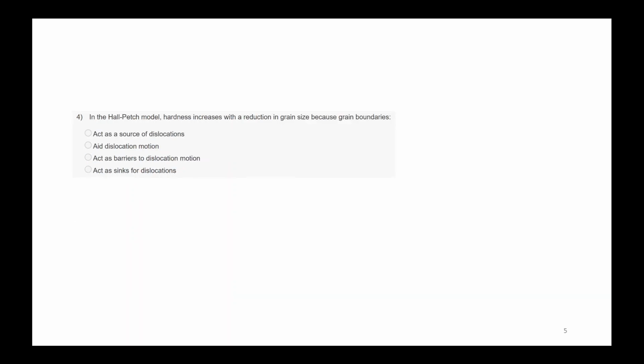Fourth question was: in the Hall-Petch model, hardness increases with a reduction in grain size because grain boundaries. Your options were act as a source of dislocation, aid dislocation motion, act as barriers to dislocation motion, or act as a sink for dislocations. The answer was act as barriers to dislocation motion.